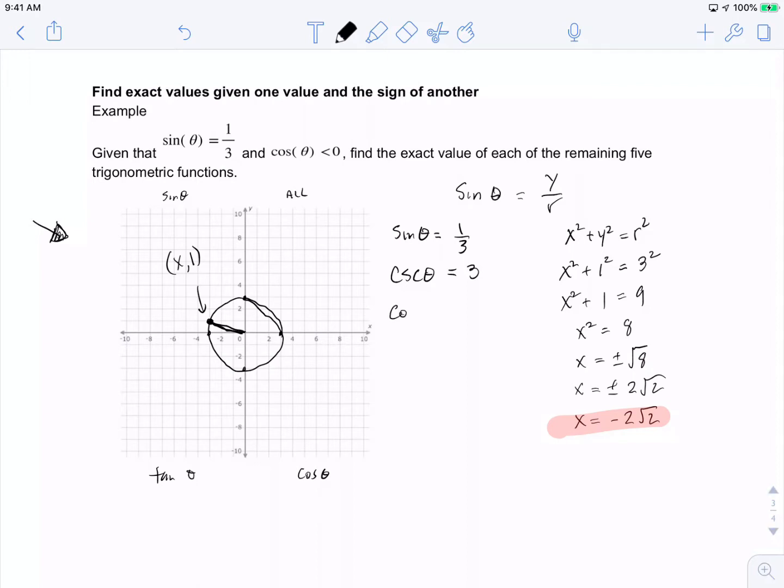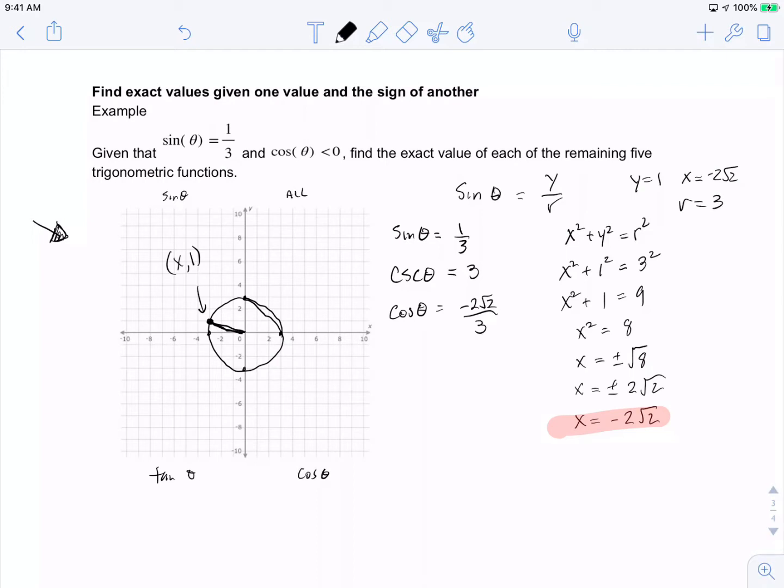So cosine theta, remember, is x over r. So x over r would be negative 2 square root of 2 over the radius, which is 3, right? So we know y was 1, x now we know is negative 2 radical 2, and r is 3. So we have cosine.